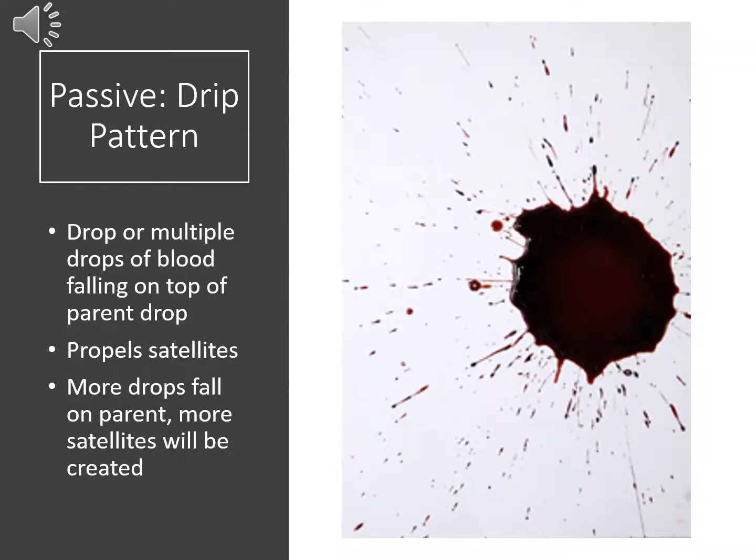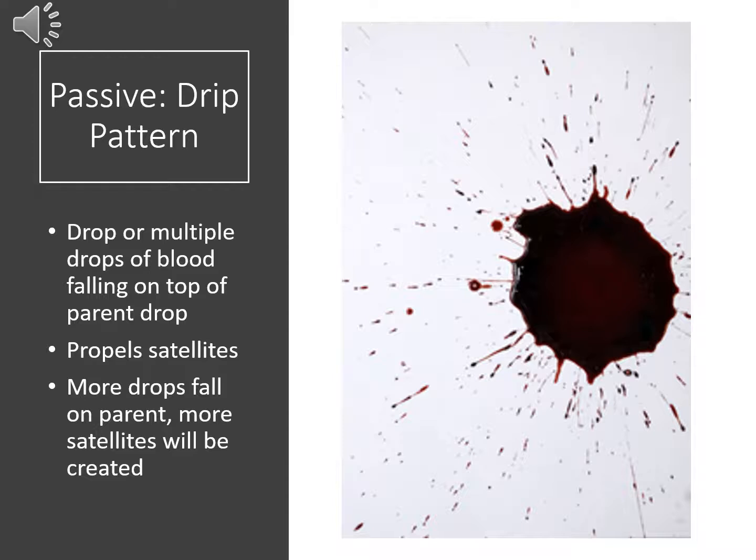Because we're dealing with these passive stains and gravity's the main effect there, if the person has been injured to the point where much blood comes out, then you're going to get the drips to fall one on top of another. So you'll have that original parent drop that may look more like the last pattern for that passive drip stain. But if more drops fall on it, then what you expect to see are the satellites.